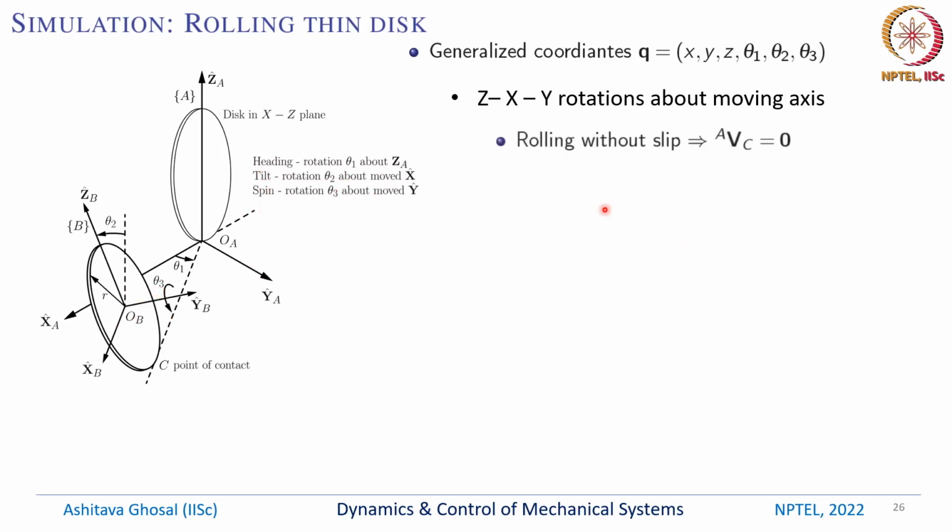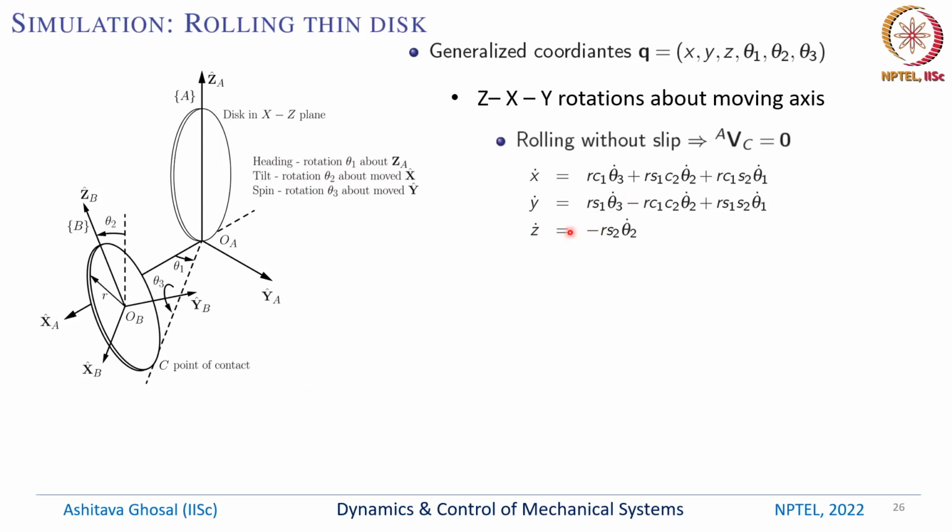If you have rolling without slip, the constraint is that the velocity of the point of contact is 0, and velocity involves derivatives of the generalized coordinates. In the case of loop closure constraints, there were no derivatives involved in the constraint. The constraint of the point of contact velocity being 0 can be written in this form.